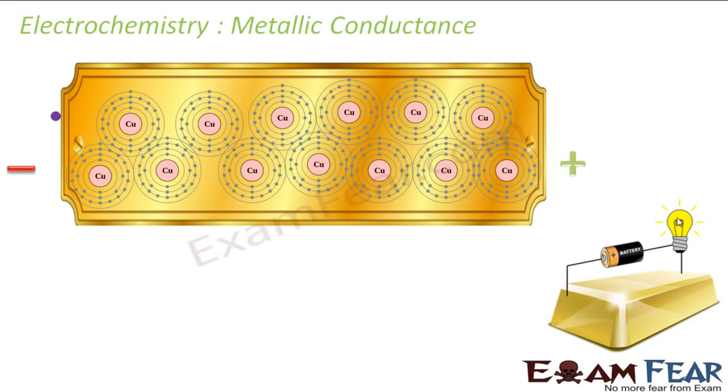It is the tendency of a metal to assist the flow of electrons through it, and that is called metallic conductance.